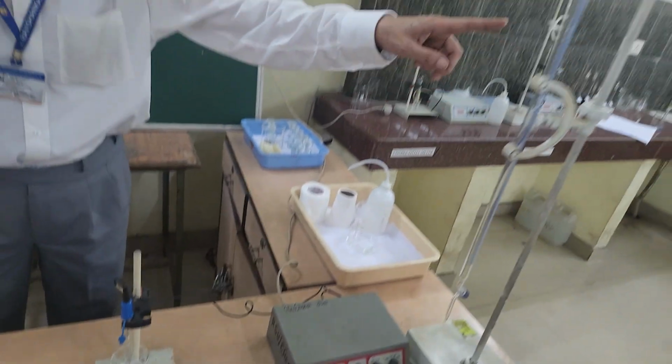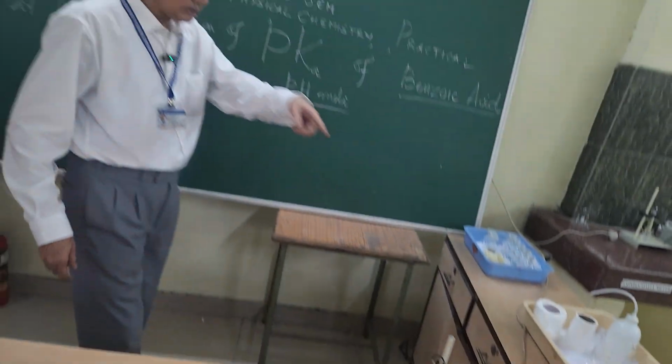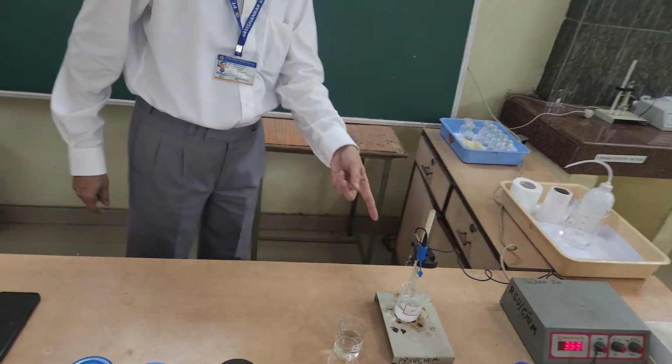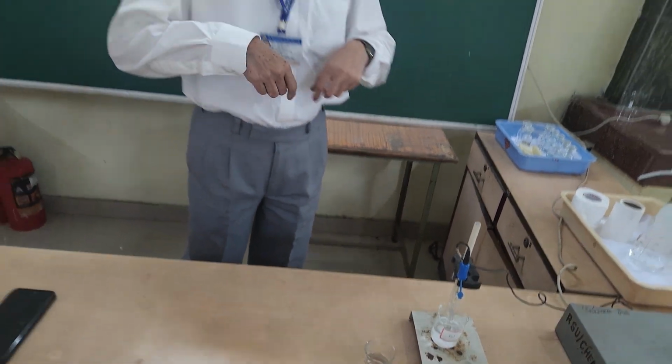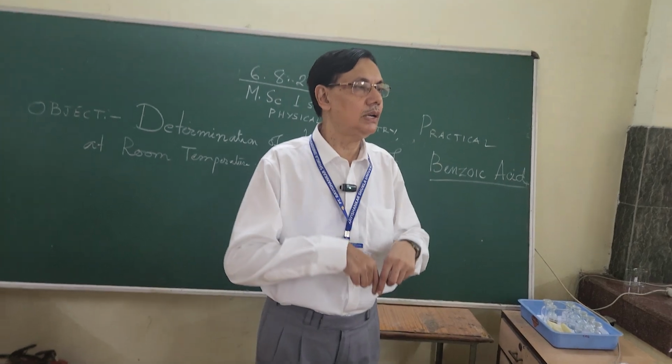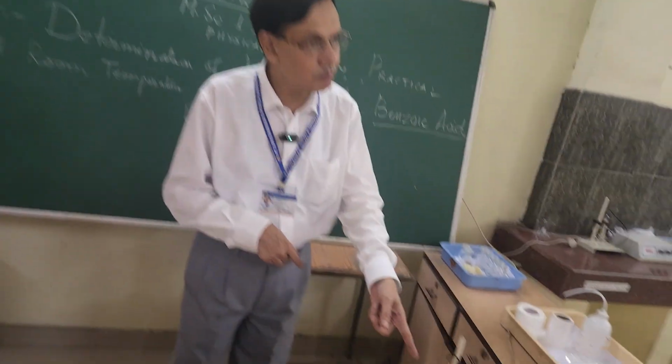For that we need a burette and other things. Now you know that there are 2 electrodes. Basically in a pH meter there is a calomel electrode and a glass electrode, but here that is a combined electrode.